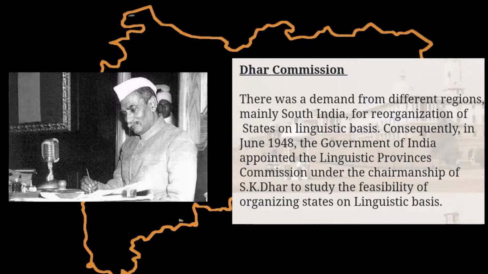On 10th December 1948, means after the independence of our India, the report of the Commission was published. The Dar Commission submitted its report opposing the formation of states on linguistic lines, saying that such a move would be against the national interest. So, the issue of Sanyukta Maharashtra remained unsolved.